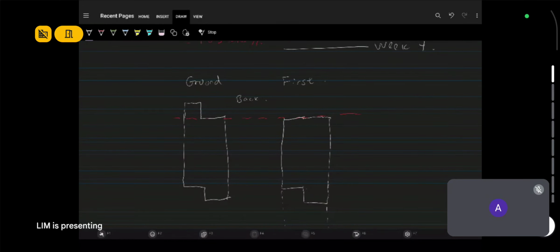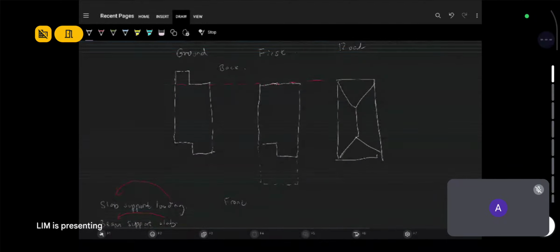You also have a roof. Sorry, for each floor, we need to show the beam and the columns and the slab.